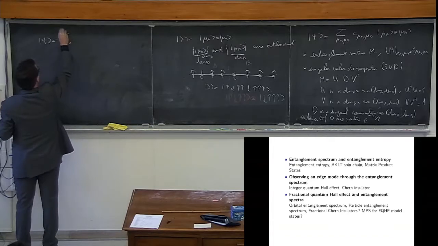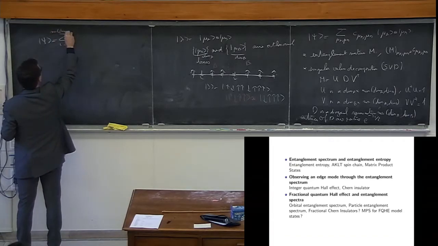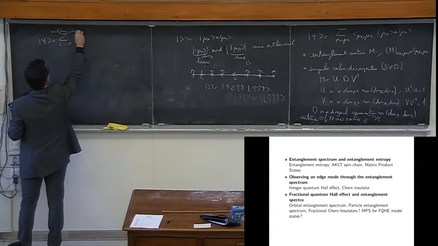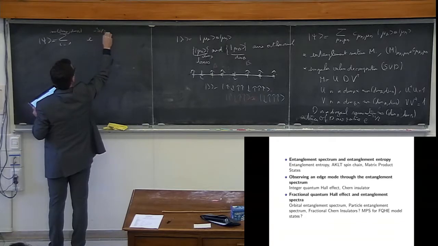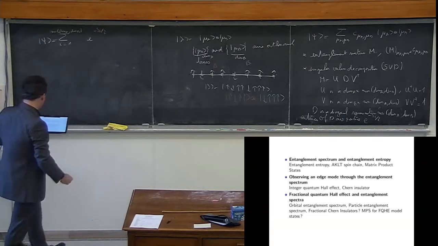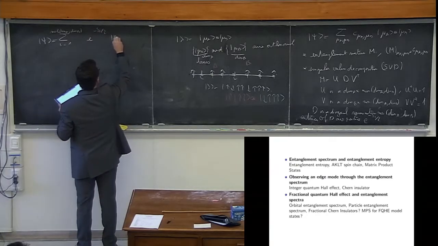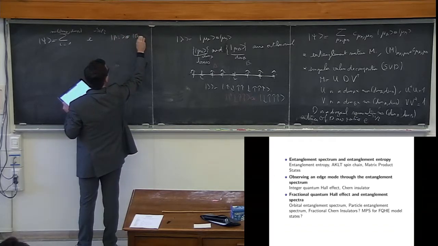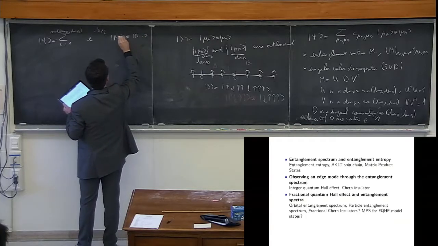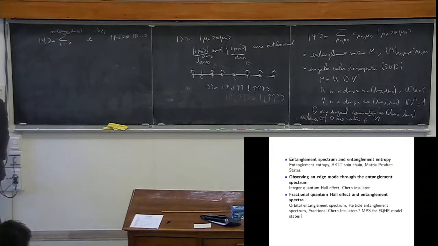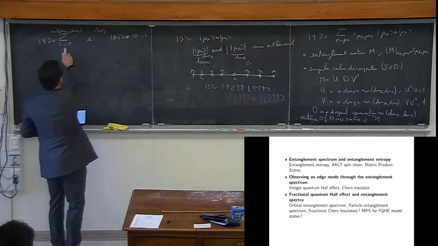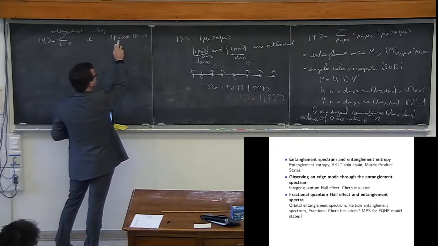So now that you have the SVD, you can rewrite your wave function in a slightly different way. Sum over I that goes from 0 to the min of dim A and dim B of exponential minus psi I over 2, so the entries of the diagonal matrix, and the tensor product of two vectors, A I tensor B I. So look, it's the summation over I, and you have the same index for this state and this state.